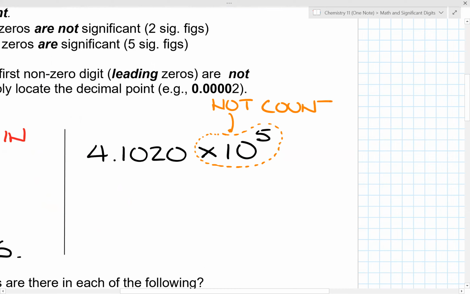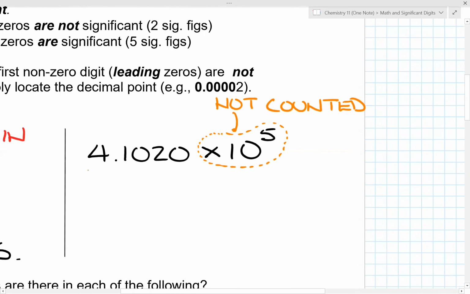It is not counted because it only tells you how many times the decimal place has been moved. It has nothing to do with the actual measurement itself, so we want to focus on the actual measurement.